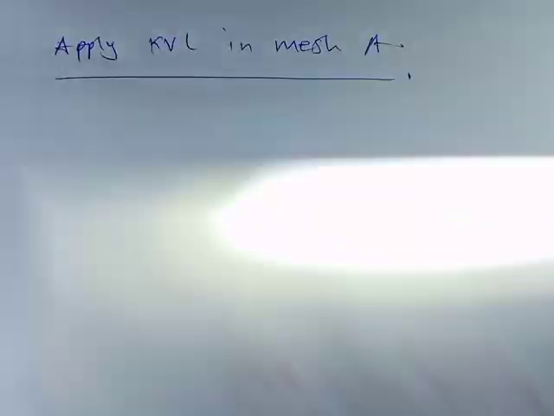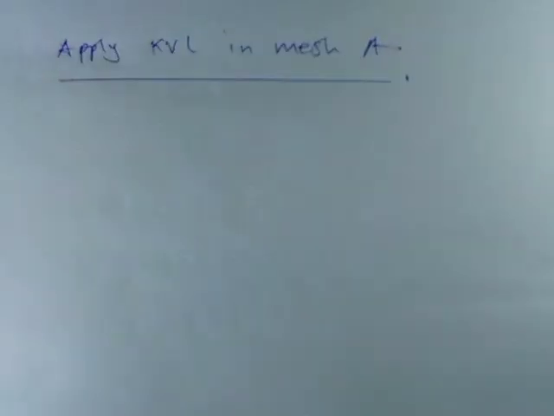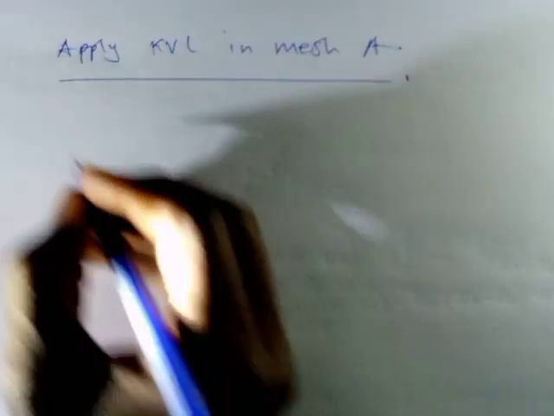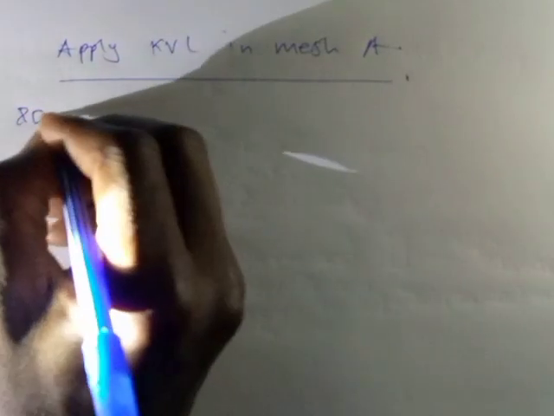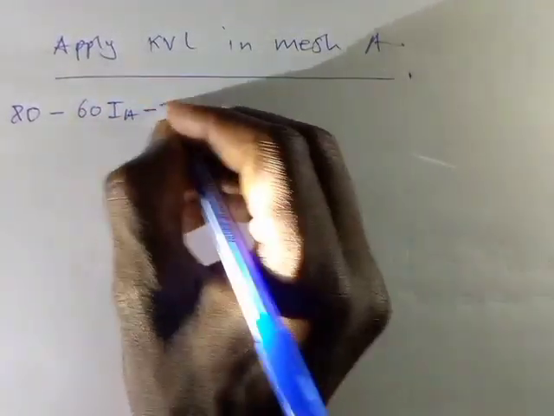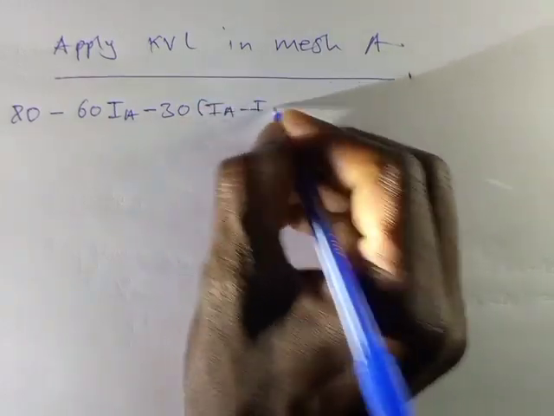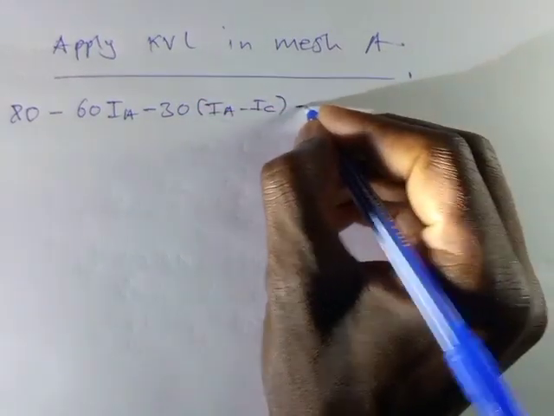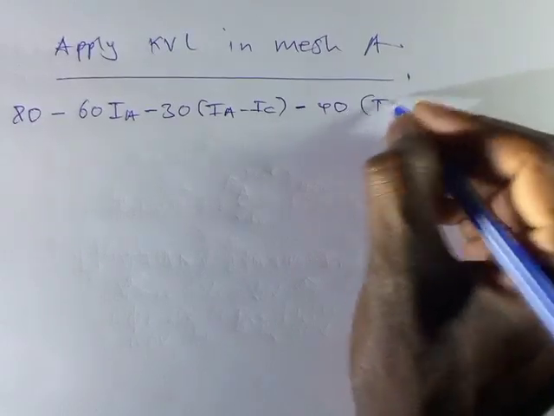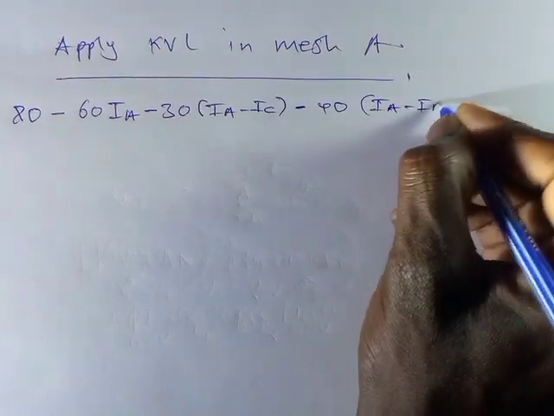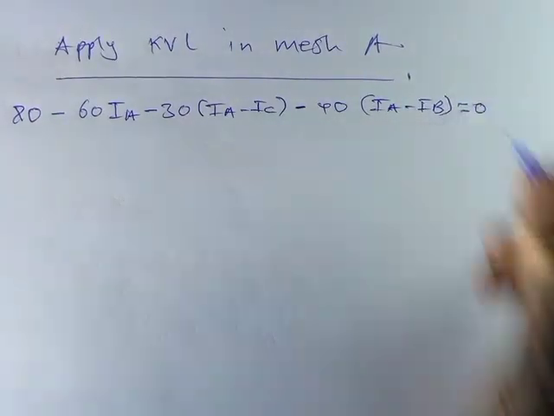Okay, so let me try to finish this and come up with the first equation. We are going to have 80 minus 60 Ia minus 30 open Ia minus Ic, minus 40 open Ia minus Ib, equal to 0.